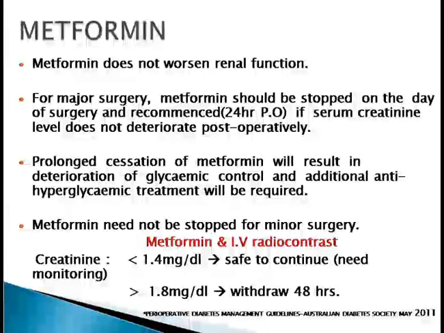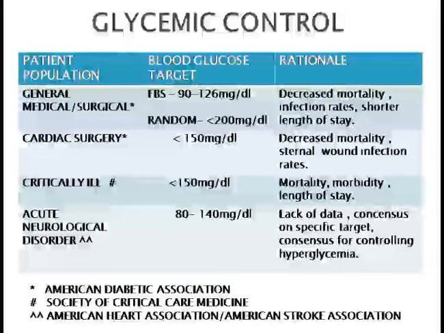The controversies in diabetes regarding the blood glucose target: the American Diabetes Association, the Critical Care Association, and the American Heart Association agree that for medical or surgical patients, the blood glucose target is fasting 90 to 126 and random less than 120.